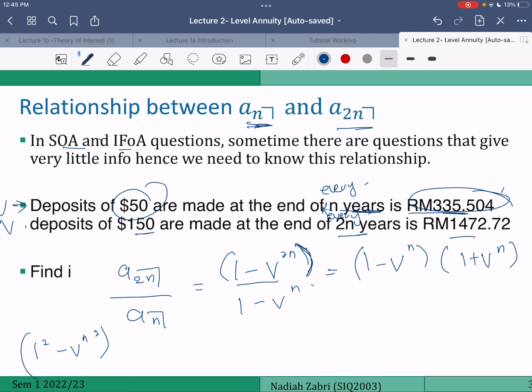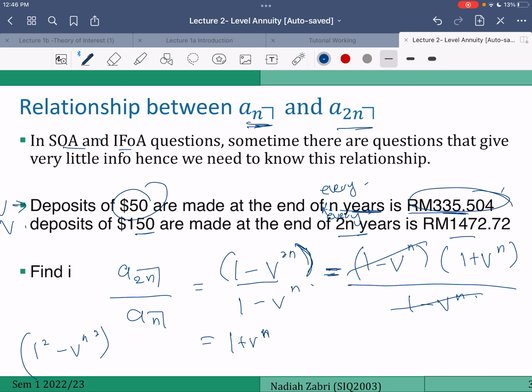Okay, so if you rewrite it like this, over 1 minus V^N, you can see that you can cancel this. So the ratio between A angle 2N and A angle N is equal to 1 plus V to the power of N. Okay, so now we have this relationship.